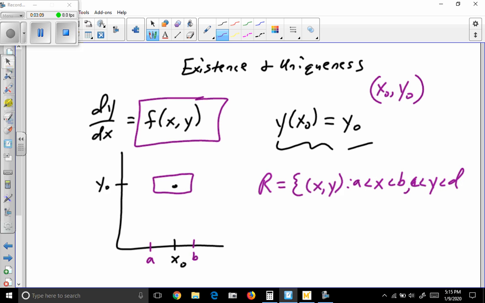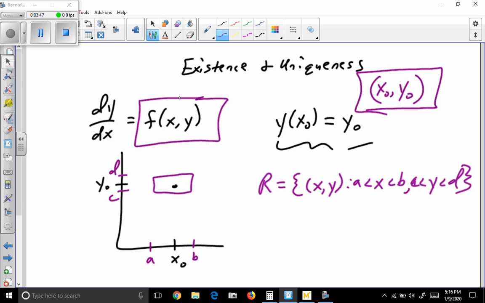And in the y direction, we have an interval, and our y, that's our initial value, is in between those. So if we have a point that is in the interior of some rectangle, if points next to it, a little bit above it, a little bit below it, are still defined, then that's what we're looking for.